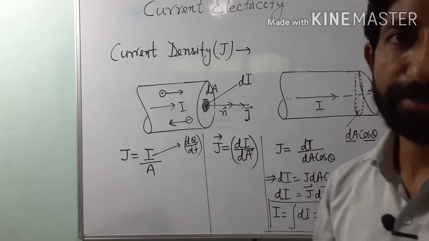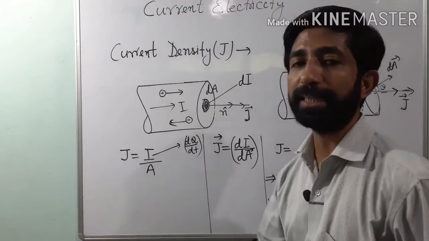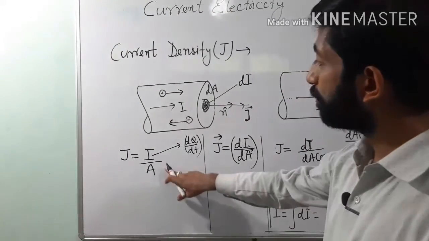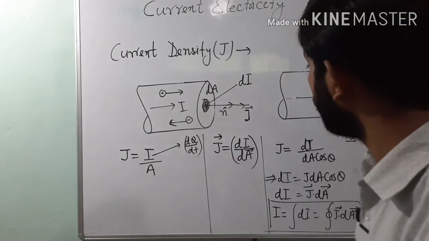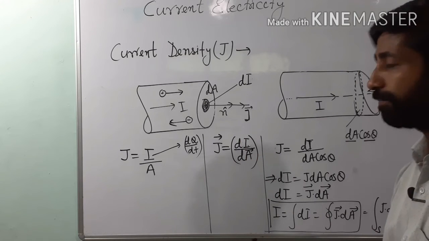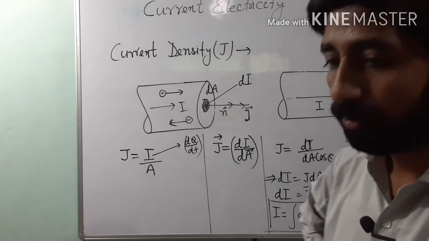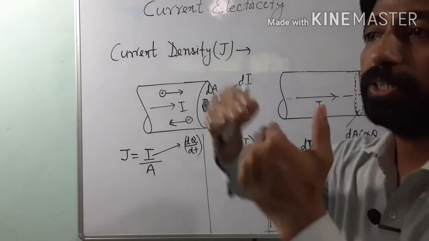Roughly, what we have is that current density is current divided by area. Simply, if the area is small and if the current is small, then we use this small current and a small area, and this is a little more mathematical going into the integration section, and this will do work when we are having a region where the current varies from point to point.